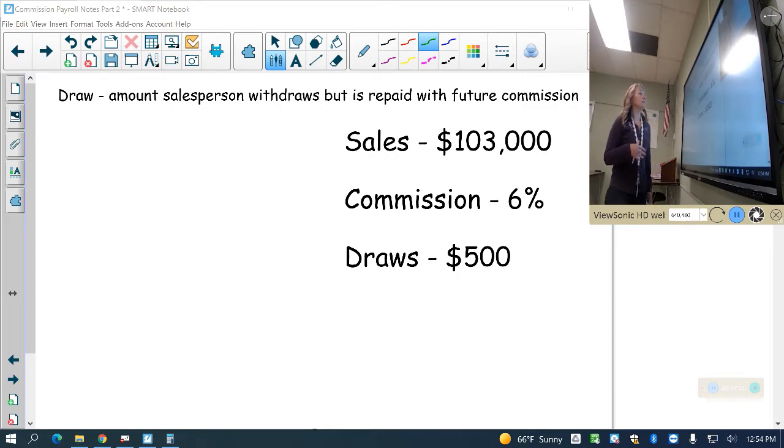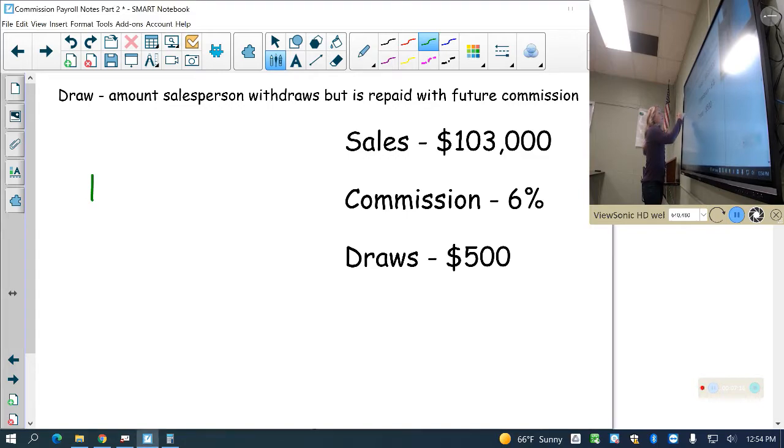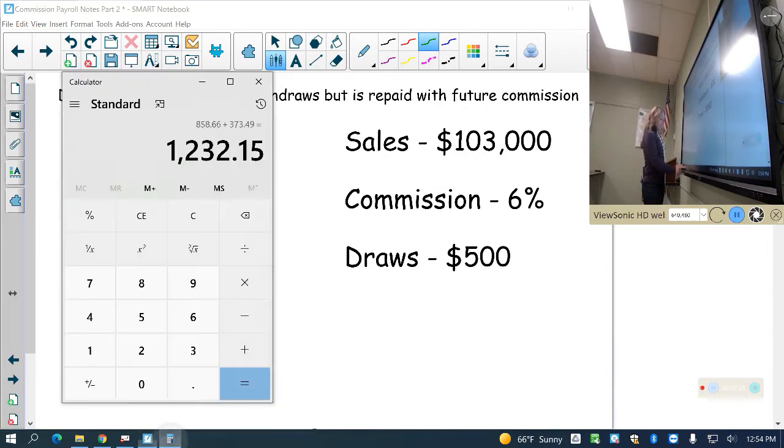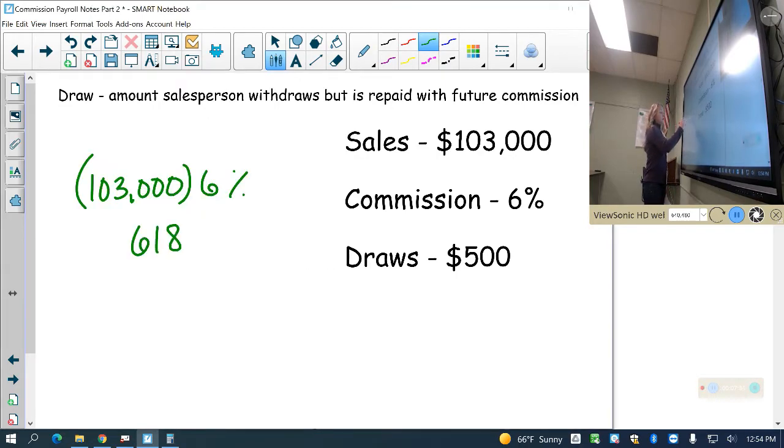So the way this works is, if I sold a house for $103,000, okay, I'll just use the house, and I get paid a 6% commission. It's straight commission. So what would that be? 103 times 0.06, and I'm going to get $6,180. However, that would be my paycheck.